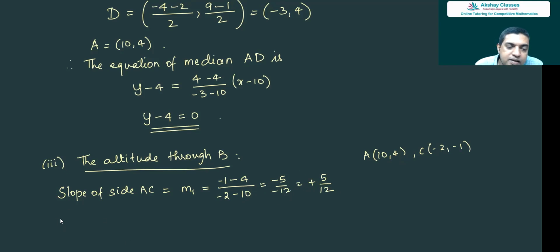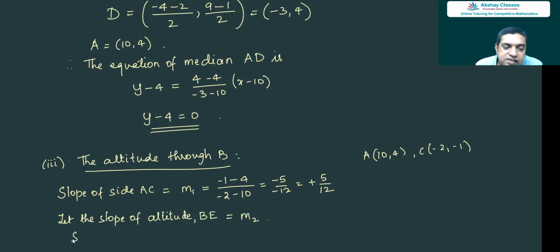Now, let the slope of altitude BE be M2.